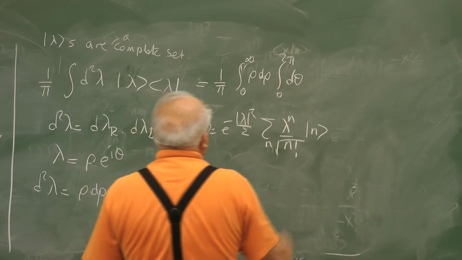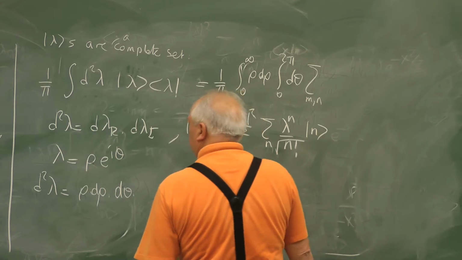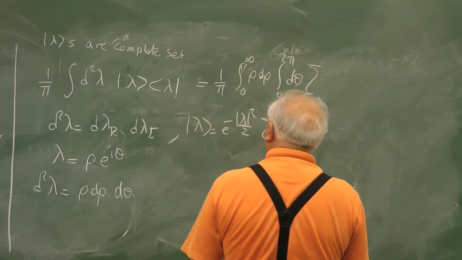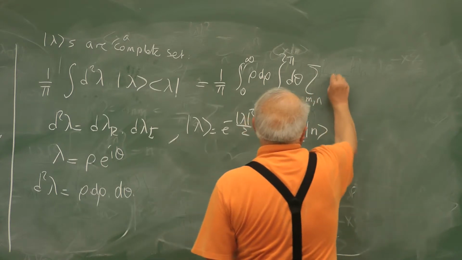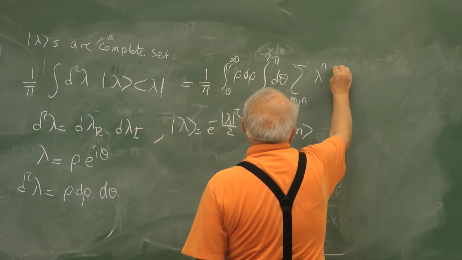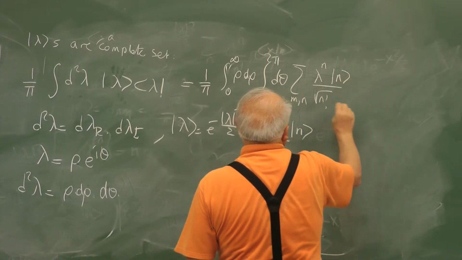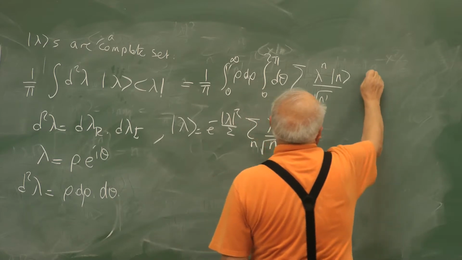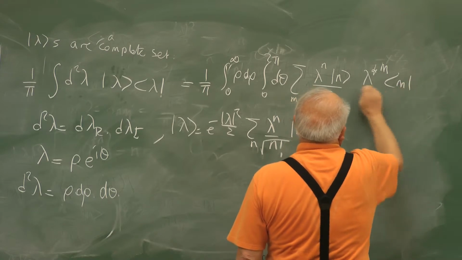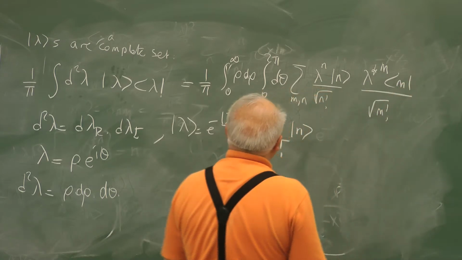Then we have the sum over m and n, lambda to the n over root n factorial times lambda star to the m over root m factorial.